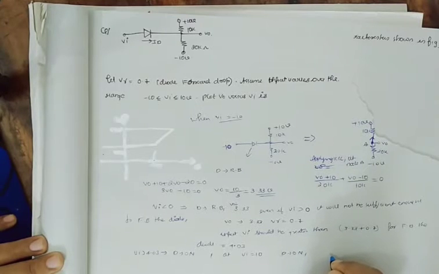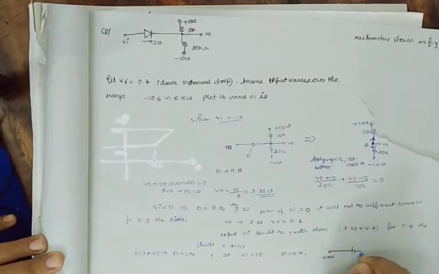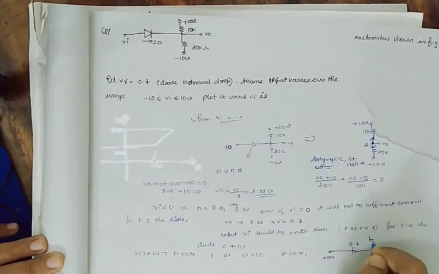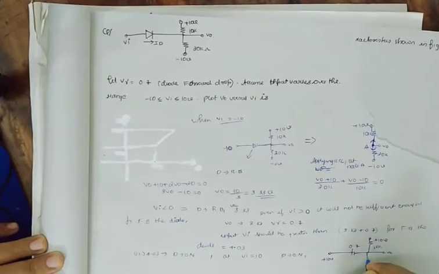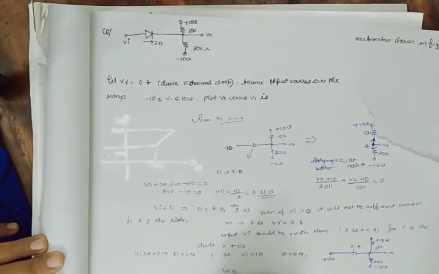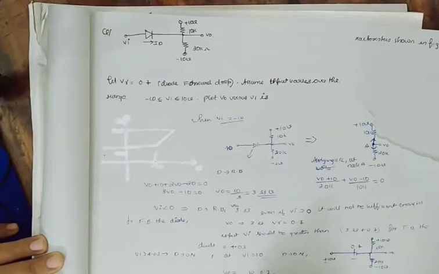The diode can be replaced by the battery potential, with plus 10 volt, 10k, V0, 20k, minus 10 volt. So what is V0? V0 is equal to 10 minus 0.7, which is equal to 9.3 volt.